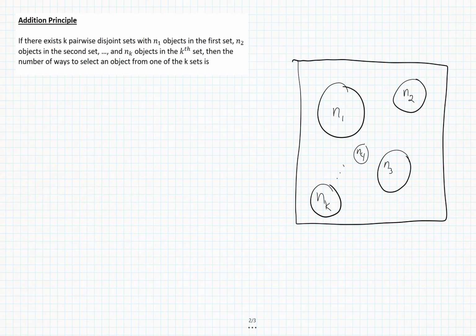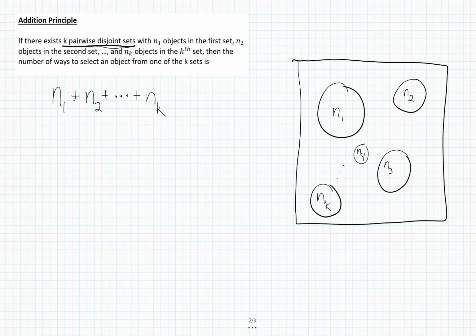Well, it's just as simple as adding up the number of elements in each set. So n1 plus n2 plus n3, n4 if we have it there, all the way up to nk. And we use these dots to kind of symbolize that. And I cannot emphasize enough the fact that we have to have k pairwise disjoint sets. That's the important factor here that gives us this addition principle.